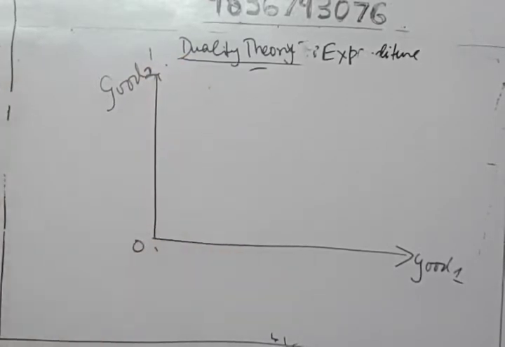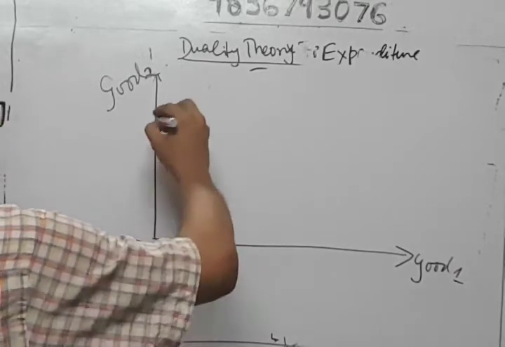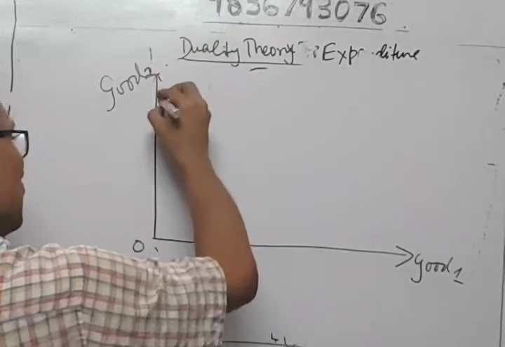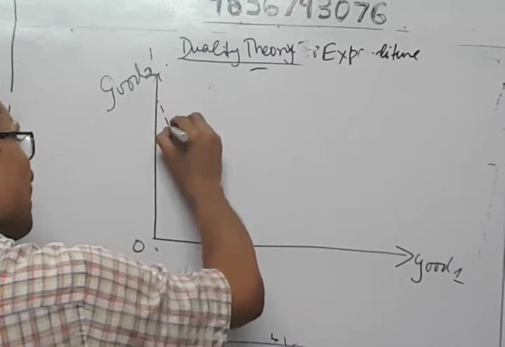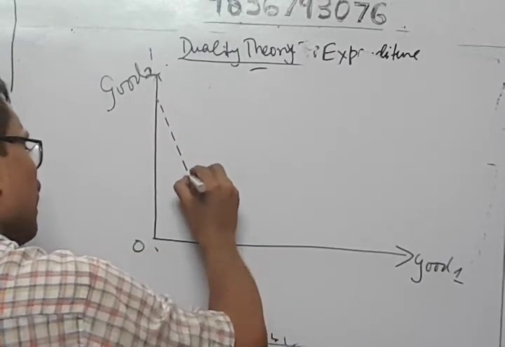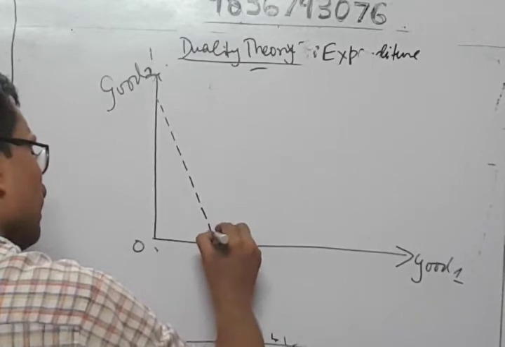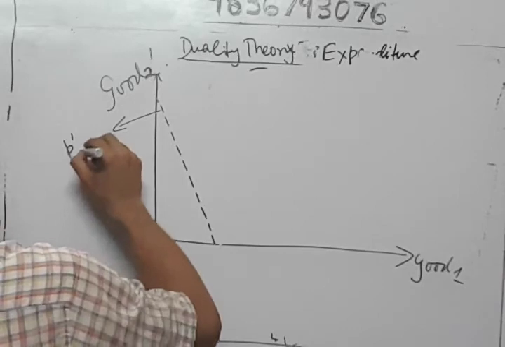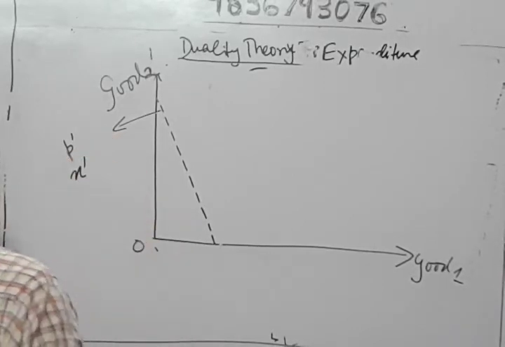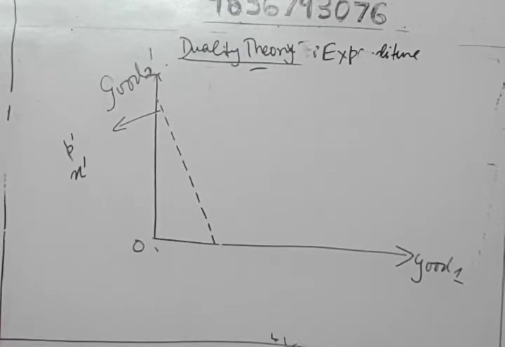This is the iso-expenditure line with the price vector P'. So this is the iso-expenditure line corresponding to the price vector P', and it also contains a consumption bundle X', that is a cost minimizing consumption bundle subject to a given level of utility U.